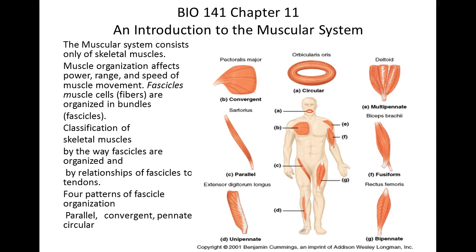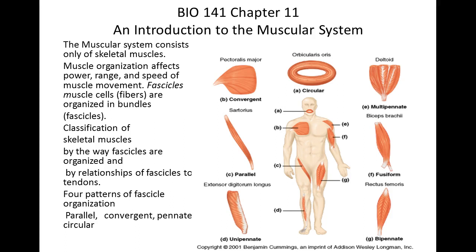So first we'll talk about how muscles are named, and how they're organized, I guess, and that helps you understand a little bit about how they're named. We are just talking about the skeletal muscles here, and their organization, so how they lie on the body and how the fascicles get together.